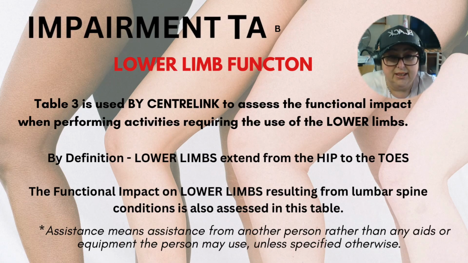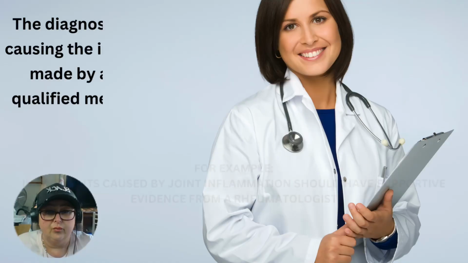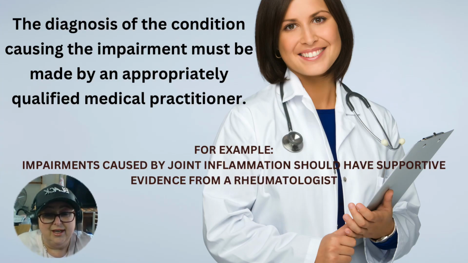Also included in this table is the assessment of any impact from your lumbar spine region that may affect your lower limb functioning. And as always, the diagnosis of the condition causing the impairment must be made by the appropriate medical professional.